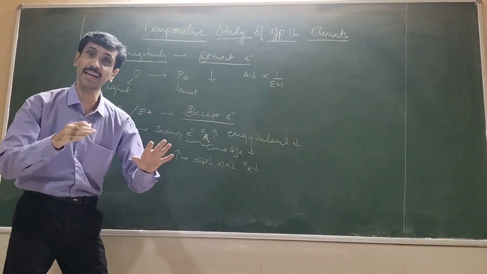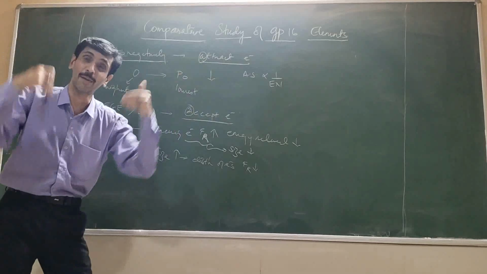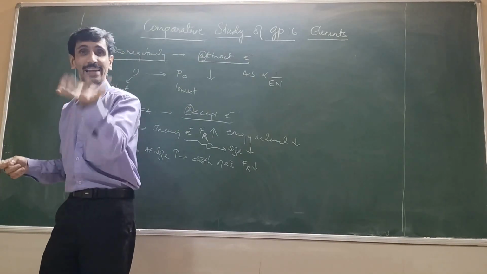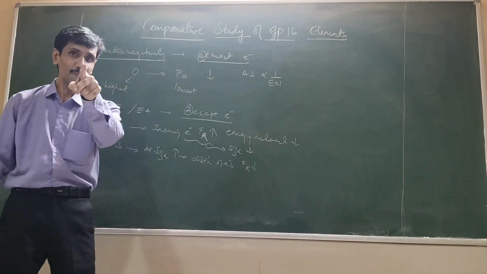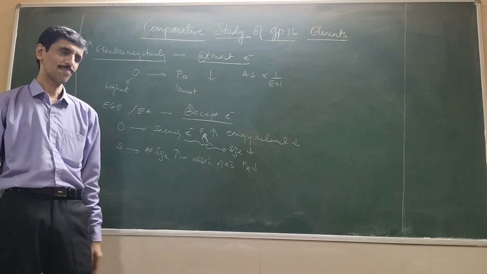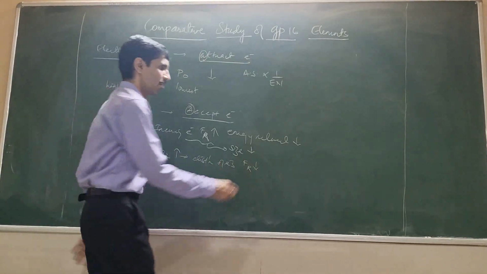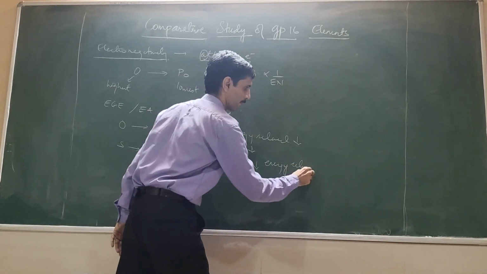In other words, we can say when I compare with oxygen, the electron is more easily accepted. ऑक्सीजन के पास पावर है इलेक्ट्रॉन को अट्रैक्ट करने की, लेकिन जब हासिल करने की बारी आती है तो वो थोड़ा कम हो जाता है, लेकिन सल्फर जल्दी से हासिल कर लेगा. ओके, बिकॉज द इनकमिंग इलेक्ट्रॉन विल हैव अ लेसर फोर्स ऑफ रिपल्शन. सो अगर आसानी से हासिल कर लिया तो एनर्जी रिलीज इज गोइंग टू बी मोर.